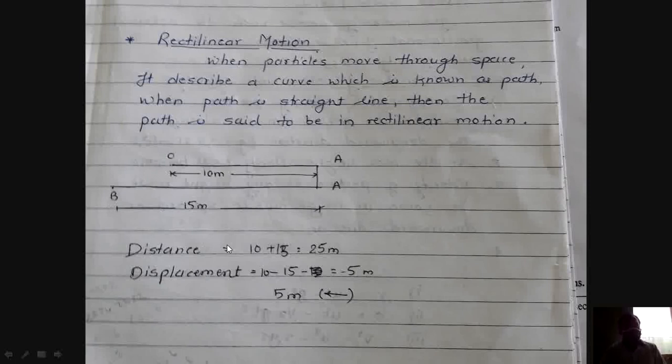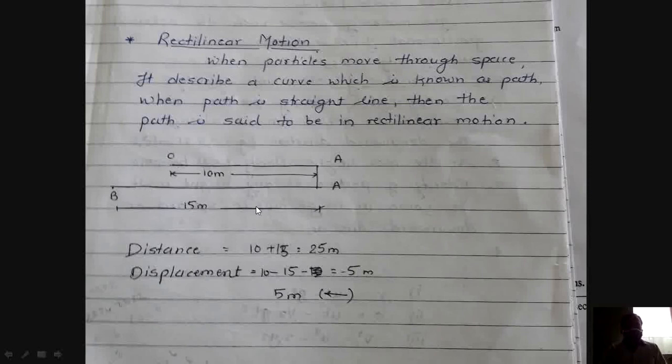So distance is the total distance travelled, 10 plus 15 is equal to 25, and displacement is nothing but the exact distance between the starting point and end point, that is OB, which is called the displacement.